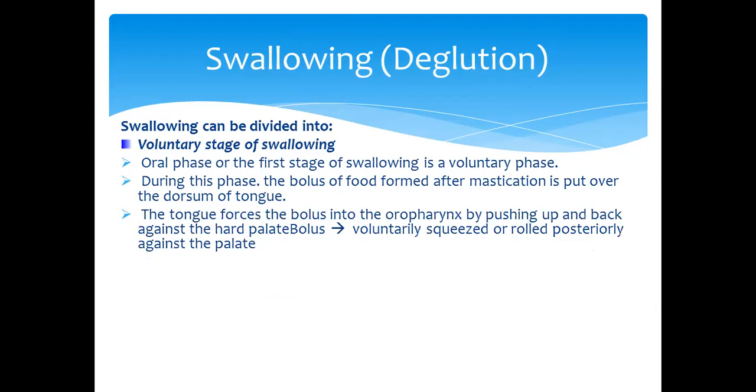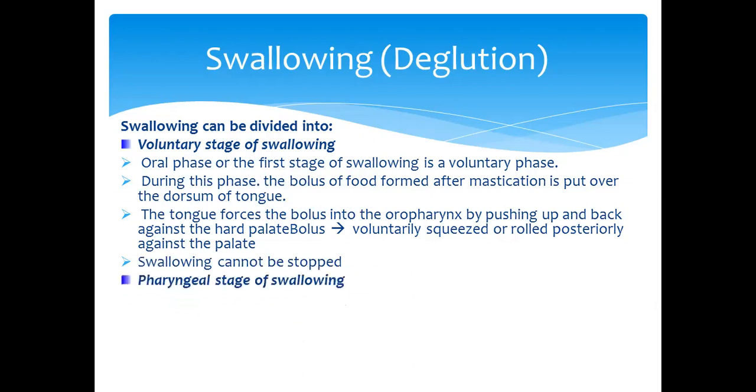The tongue forces the bolus into the oropharynx by pushing up and back against the hard palate, and the bolus is voluntarily rolled posteriorly against the palate. Swallowing can't be stopped in this stage.